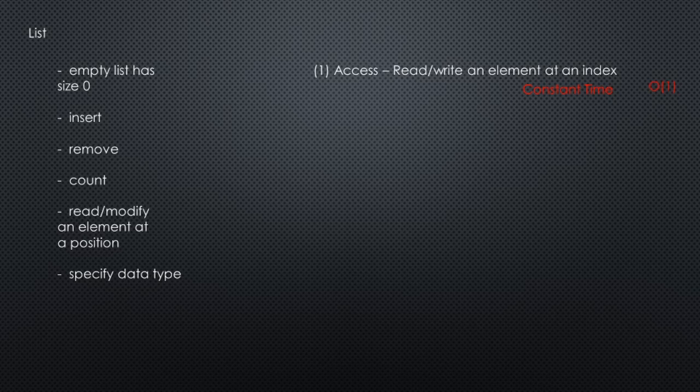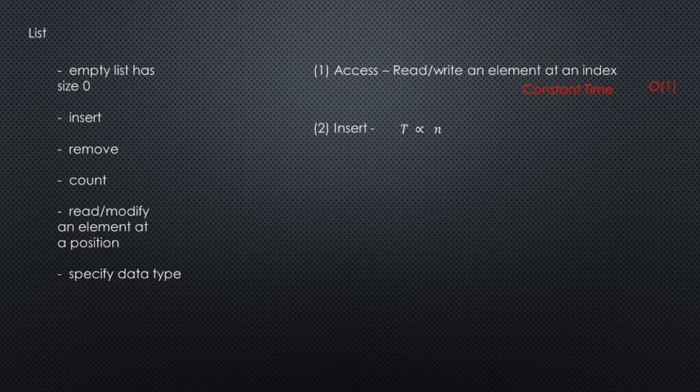If we want to insert an element at the end of the array, the end of the list, then it too would be in constant time. If we want to insert at a particular position, then we would have to shift the elements to higher indices. In the worst case scenario, if we inserted at the first position, we would have to shift all of the elements to the right. The time taken for insertion will be proportional to the length of the list.